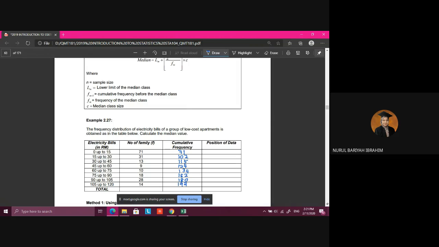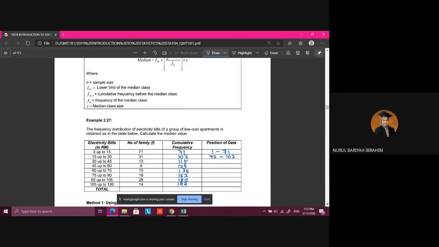The position of data here: data from 1 until 71 is in the first class, because its frequency is 71. So the first to the 71st data will be in the first class. The second class starts from 72 until 102. If you count from 72 until 102, that is 31, its frequency. So the 72nd to the 102nd data are in the second class.